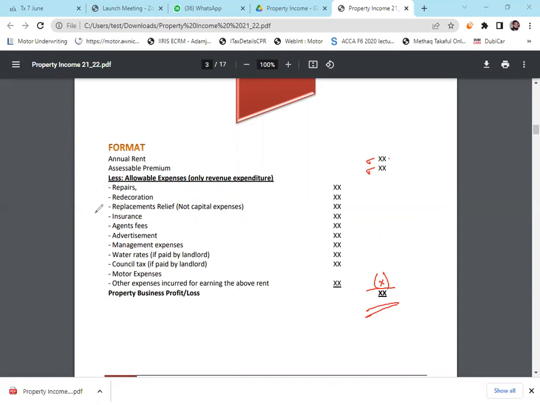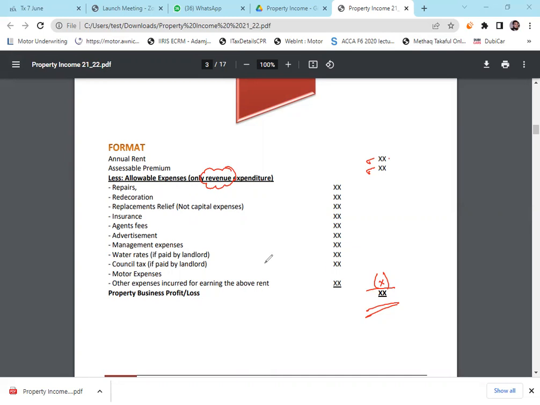A lot of expenses I wrote here, but the general definition is expenses must be revenue expense. You know what is capital and what is revenue expense? Do you have any idea? Revenue expenses are day-to-day routine expenses, not bringing improvement, not purchasing any asset.